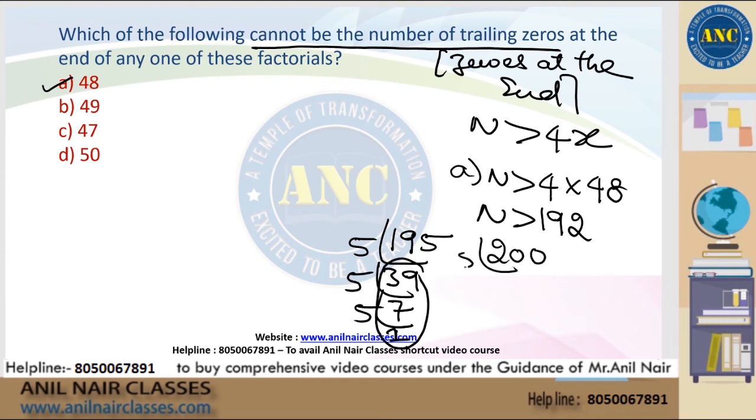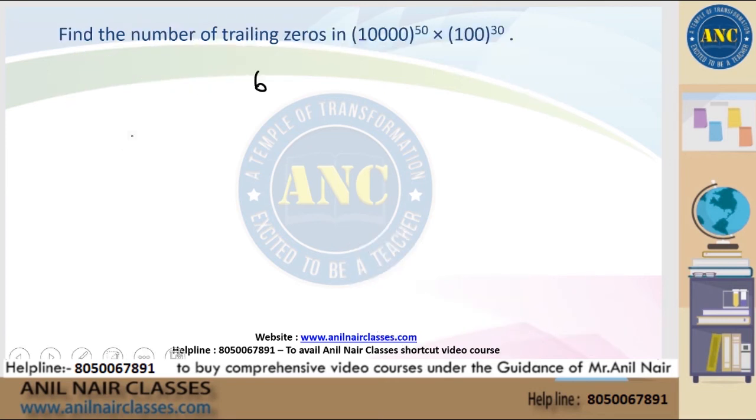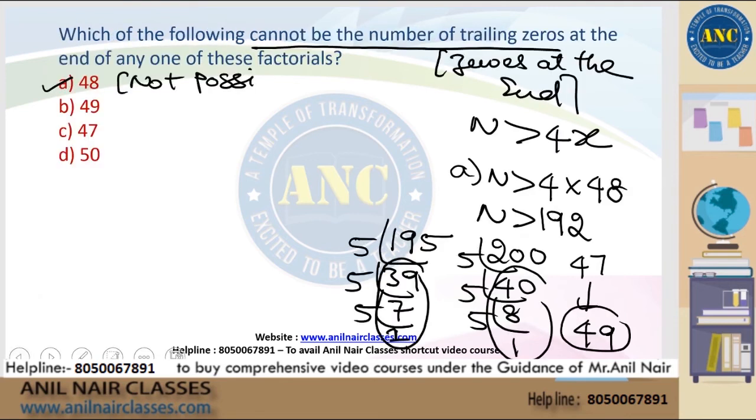Then 200. 5 40s are 200, 5 8s are 40, 5 1s are 5. I got 49. Directly there is a jump from 47 to 49. 48 not possible. I hope it is clear. 48 not possible. 49 it is possible.